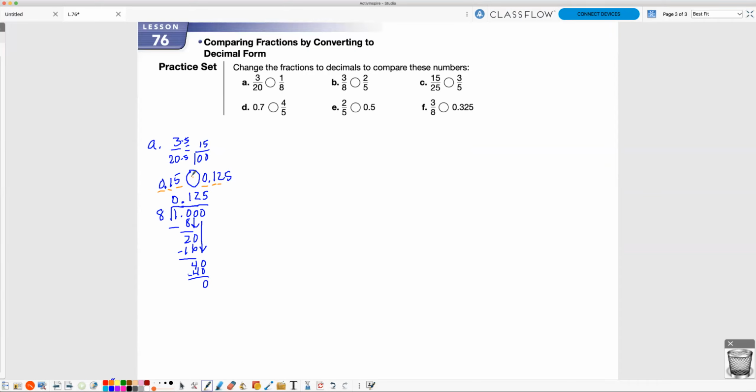I know that this 5 is greater than this 2. I don't need to look any further. I could go further if I wanted to, this 0 and this 5, but I recognize right off the bat here, this 5 is greater than this 2. That means that 15 hundredths, or 3/20, is greater than 1/8.